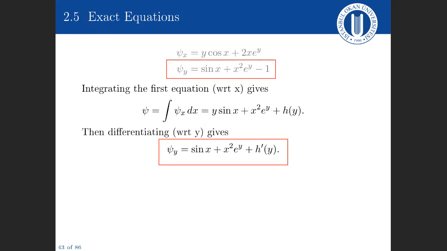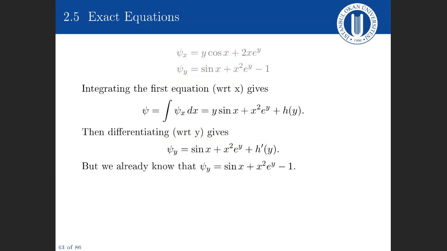But we also started with another equation for xi y: sine x plus x squared e to the power y minus 1. And these must be the same. They're almost the same. We have sine x, we have sine x. We have x squared e to the power y, we have x squared e to the power y. We need to have that h prime is minus 1.